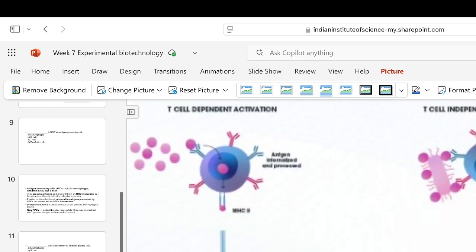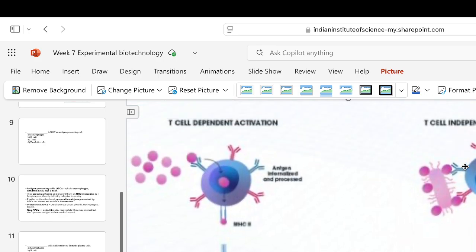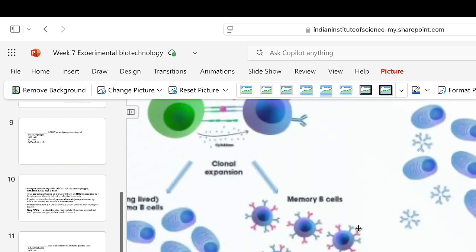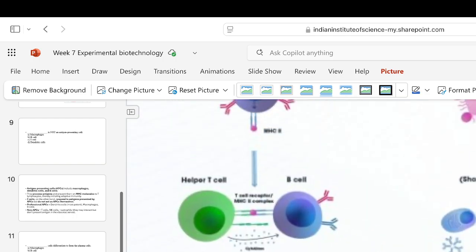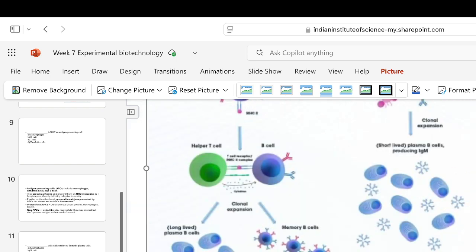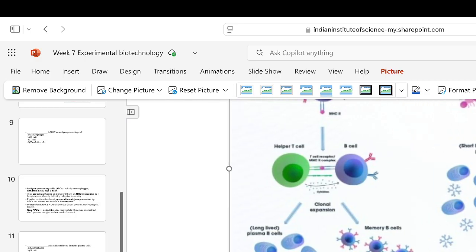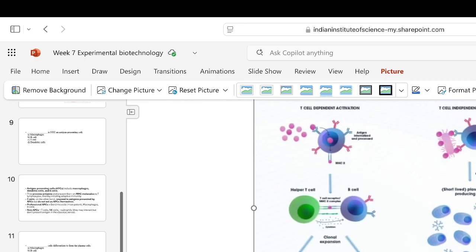In the T cell independent activation, these pink blobs are your antigens. Again, these would interact with these memory B cells to be able to produce your antibodies. IgM is immunoglobulin M, which is a predominant class of antibody.